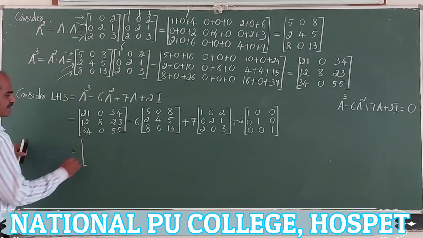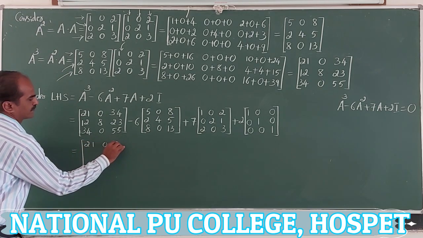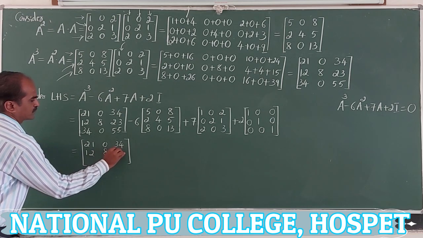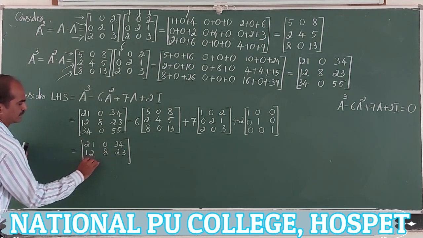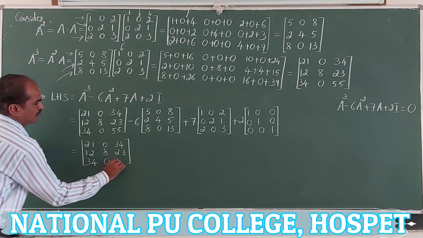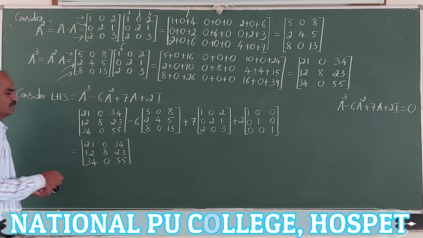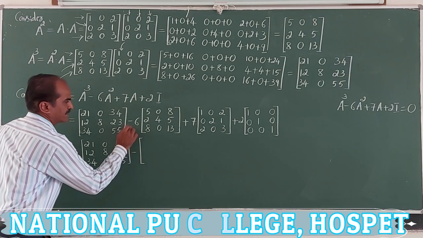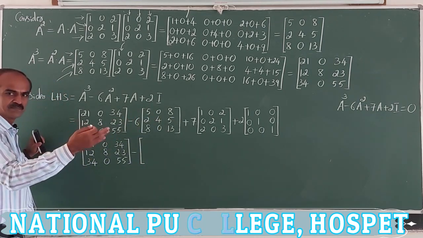First matrix written as it is: 21, 0, 34. Second row 12, 8, 23. Third row 34, 0, 55 minus, look at second term, it is 6 times of this matrix, scalar multiplication.